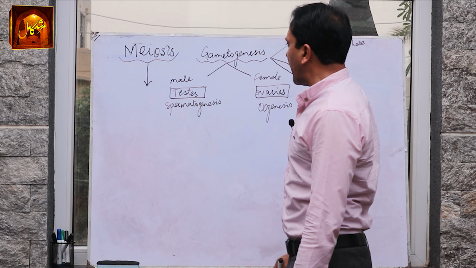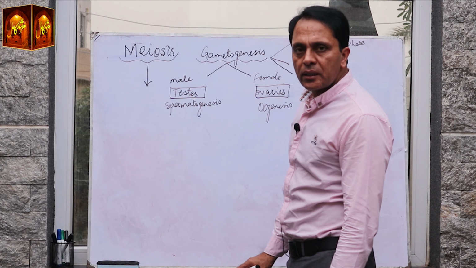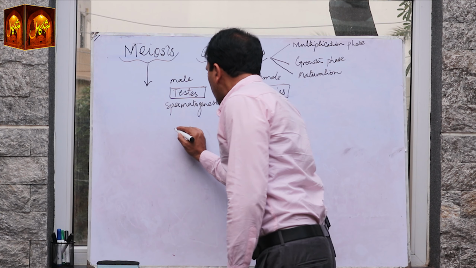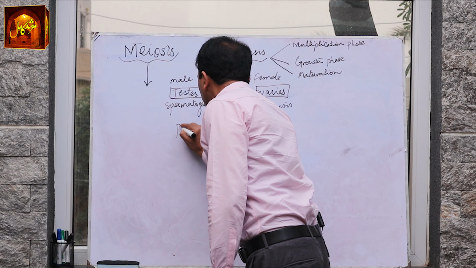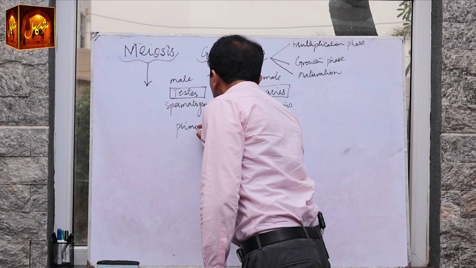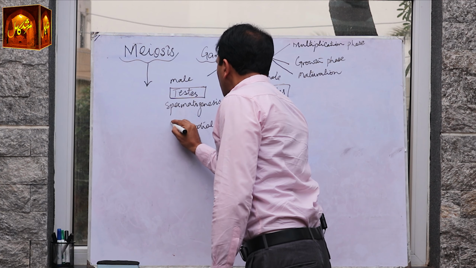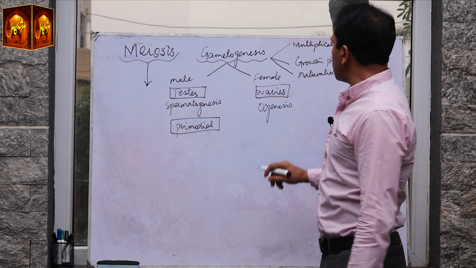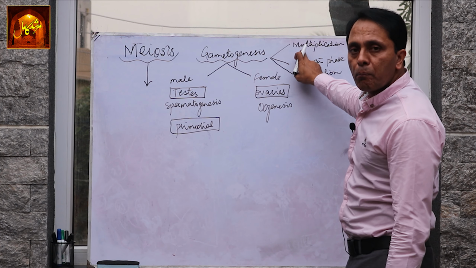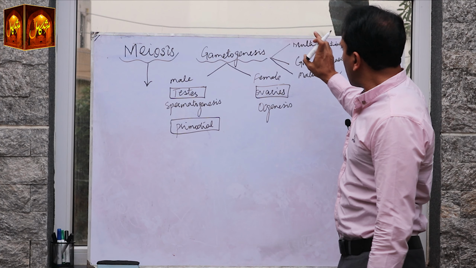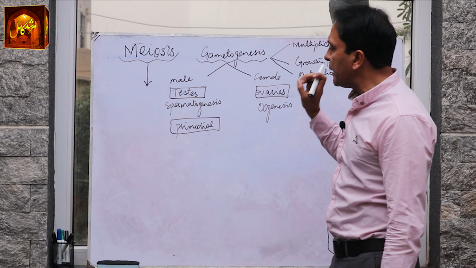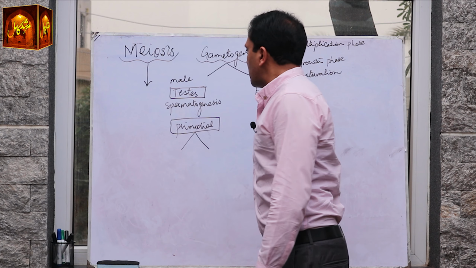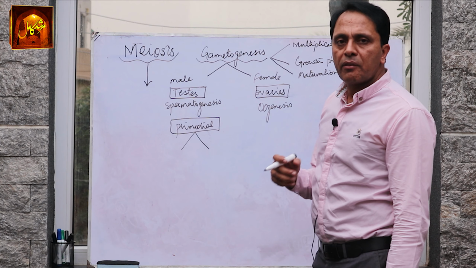In the first process, that is called spermatogenesis, in testes, primordial cells are formed. In primordial cells, the process of multiplication will take place, and in this process of multiplication, primordial cells divide twice.